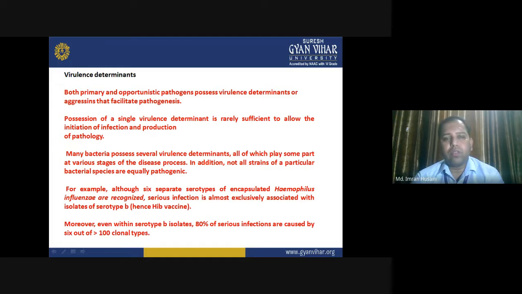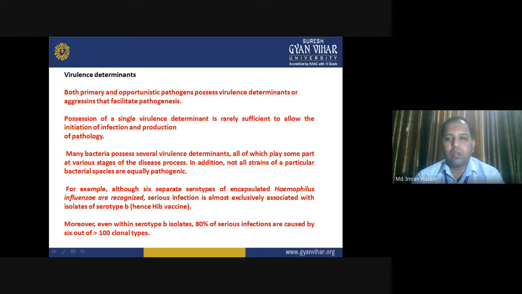Possession of a single virulence determinant is rarely sufficient to allow the initiation of infection and production of pathology. Many bacteria possess several virulence determinants, all of which play some part at various stages of the disease process.